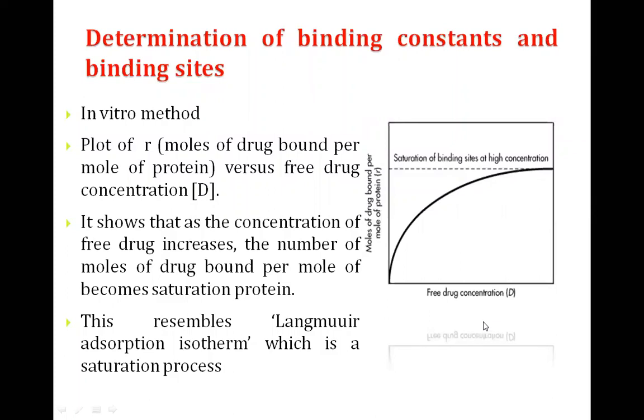This curved line will not give us any information. If you really want any value to be calculated from the graph, it's always better to have a straight line. Straight line graphs are very important in kinetics to determine many of the values.